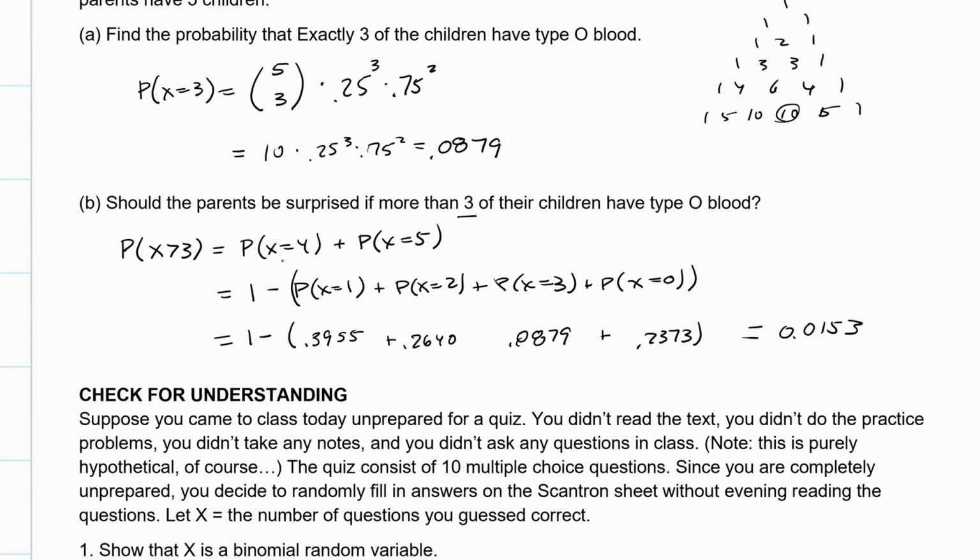And we would be surprised, because this probability of more than three is less than 0.05, which is our arbitrary number for being surprised.